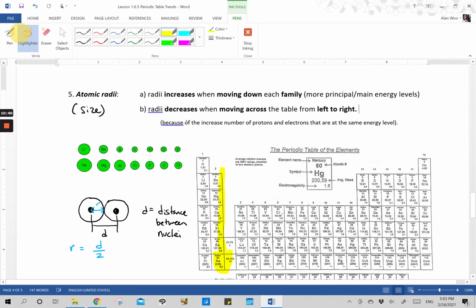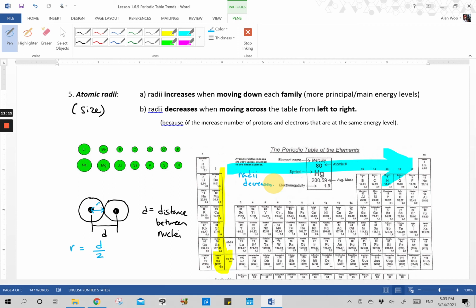Okay? But the thing is, when you're looking across the periodic table from left to right, the radii actually decreases. Okay? So if I were to move from left to right, the radii decreases.